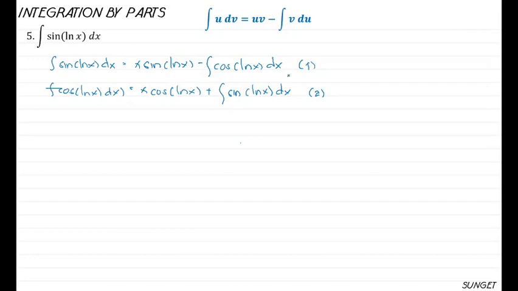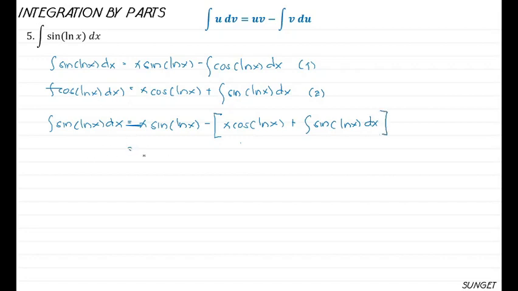So substitute equation 2 into equation 1. We have the integral of sine of ln x dx equal to x times sine of ln x minus x times cosine ln x plus the integral of sine of ln x dx.